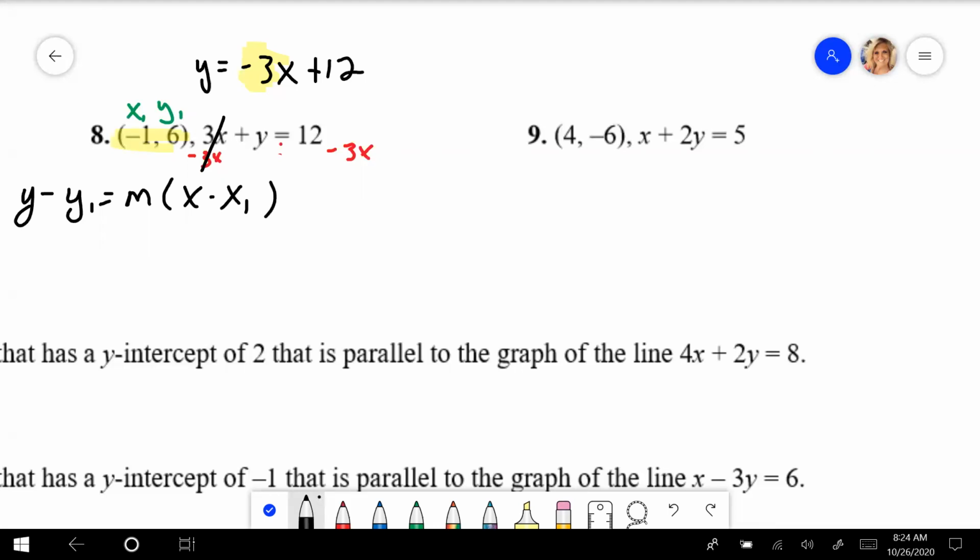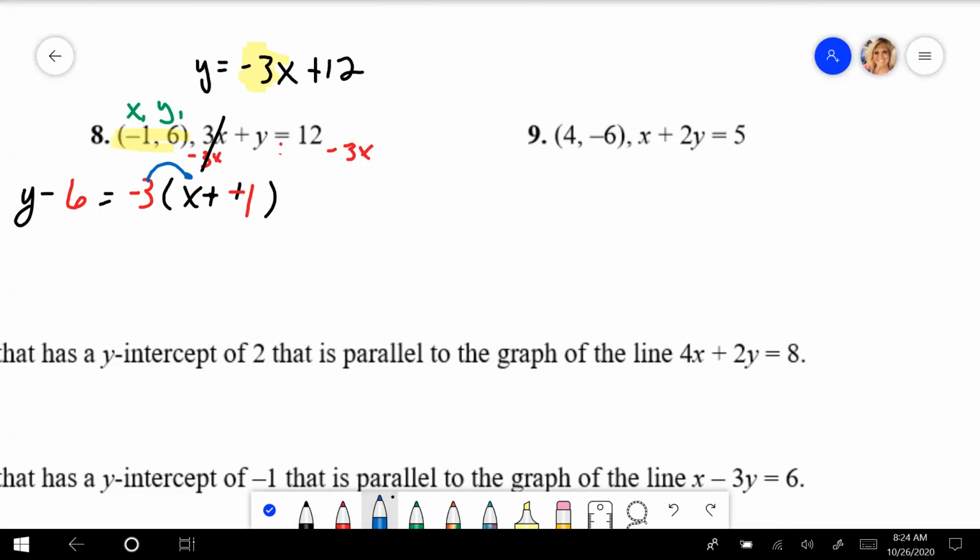So here, I'm going to erase the m and I'm going to put the negative 3 because that's my slope. My x1 is negative 1. My y1 right here is 6. So now minus a negative, make that a little bigger, changes that to positive.